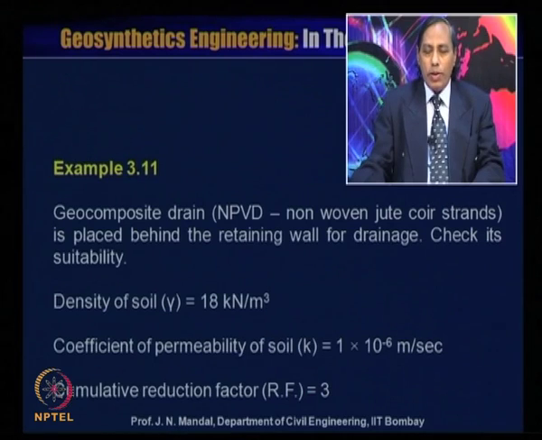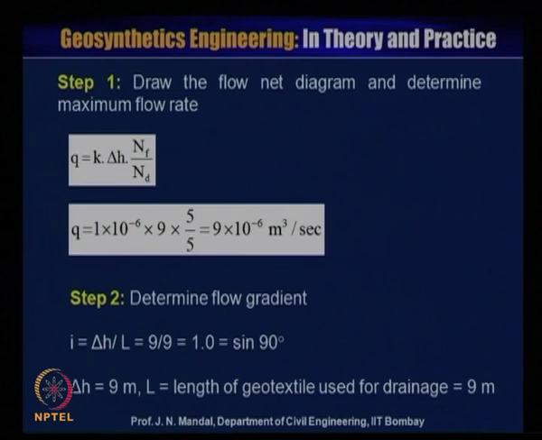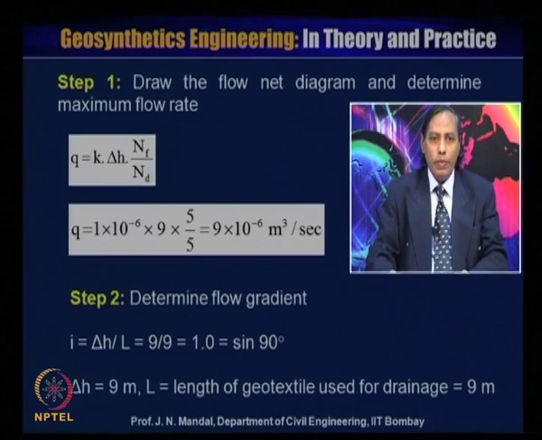Now, density of the soil is given as 18 kilonewton per meter cube, coefficient of permeability of the soil K is equal to 1 into 10 to the power minus 6 meter per second, and cumulative reduction factor RF is equal to 3. Now, step 1, draw the flow net diagram and determine the maximum flow rate.